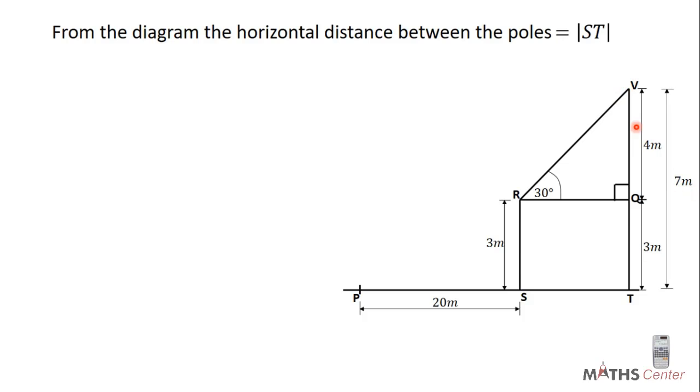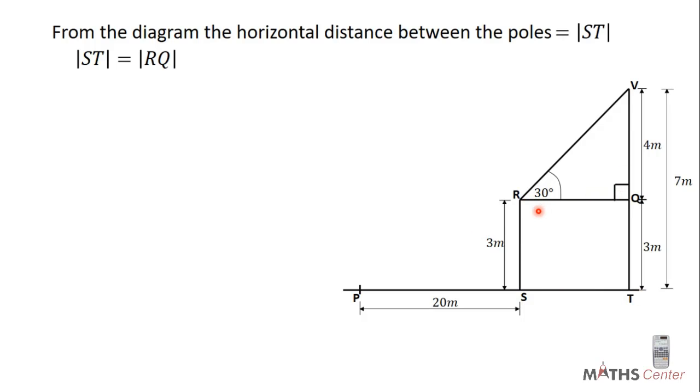So from V to Q is 4 meters, and from Q to T is 3 meters, because from R to S is 3 meters. We are looking for ST, but looking at this diagram, we can say that ST is equal to RQ. So if you're able to find RQ, it is the same as ST.